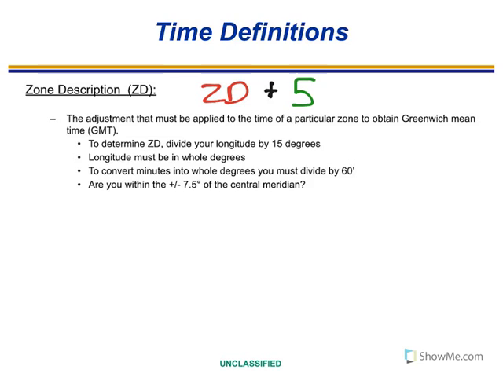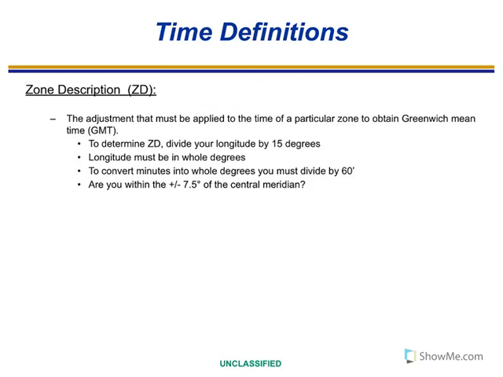We would have to add 5 hours to the time that we're keeping in our time zone to get to GMT. And if it's plus, that means we're in the Western Hemisphere, because we'll always have to add time to get to GMT, because Greenwich is ahead of us. If we're in the Eastern Hemisphere, it'll actually be minus, because the Eastern Hemisphere is ahead of Zulu, so we have to subtract time in order to get to GMT.